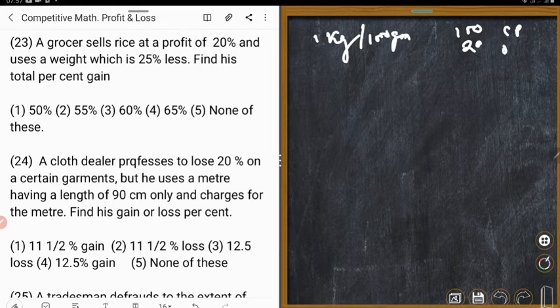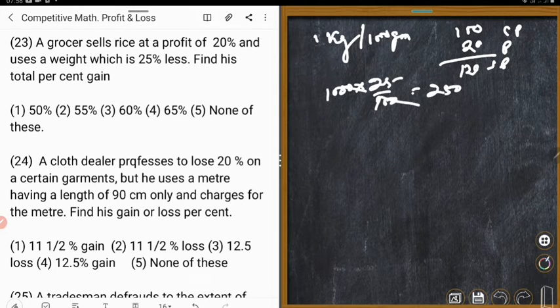Profit 20, SP 120 SP, right? But he sells 750 gram. 25% less means 25% of 1000 is equal to how many? 250. 1000 minus 250 is equal to 750 gram.